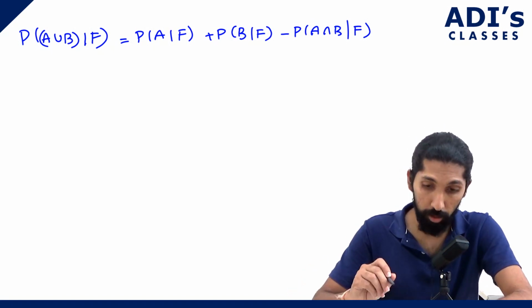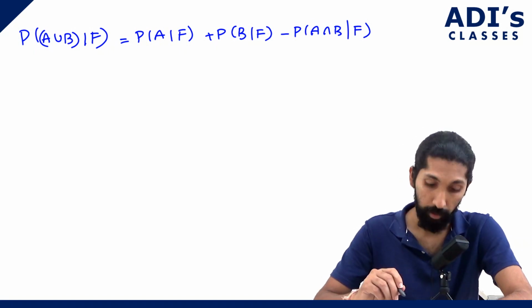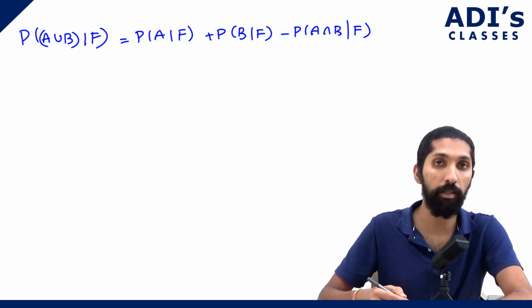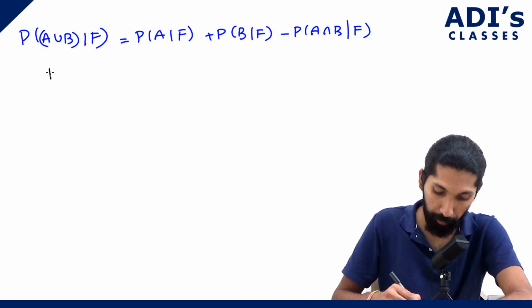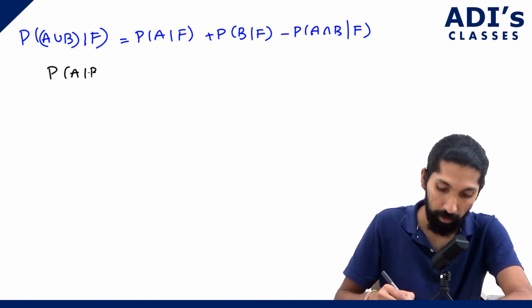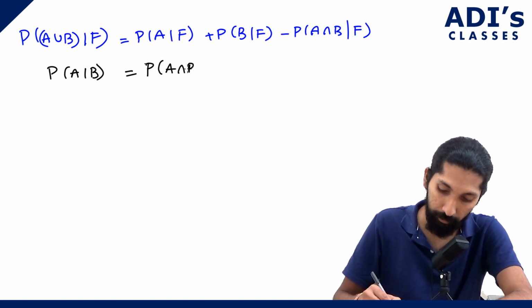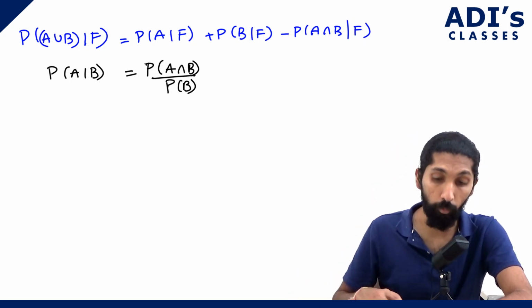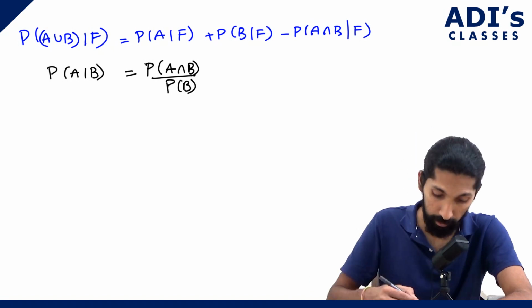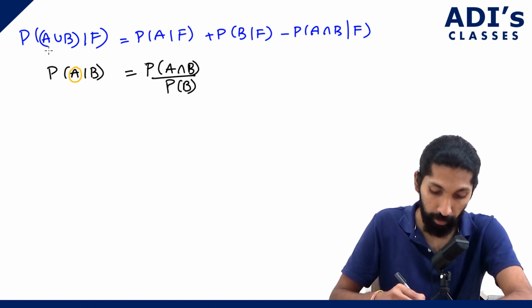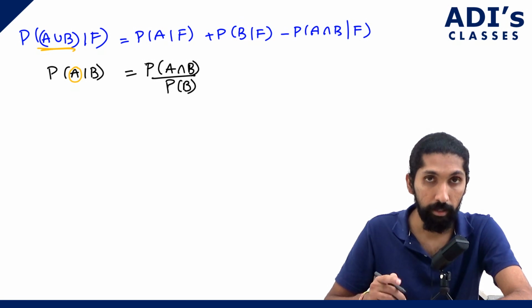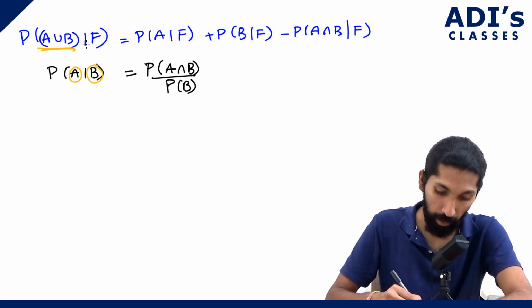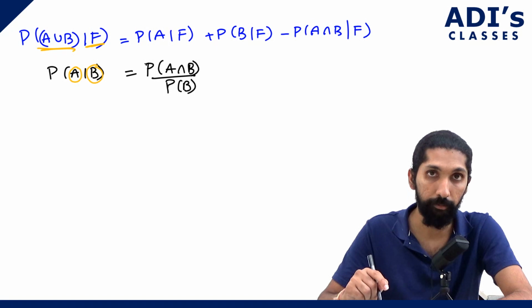To start this proof, we again look at the basic definition: P of A given B is P of A intersection B divided by P of B. In place of A we have A union B, and in place of B we have F, another event.